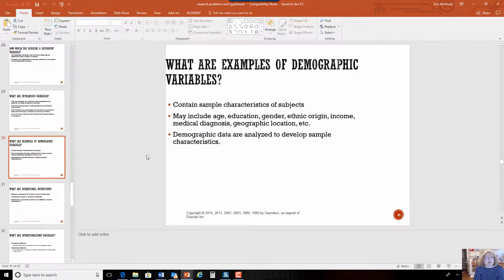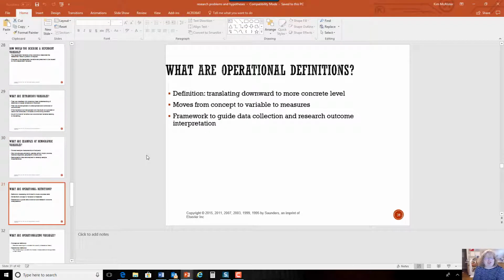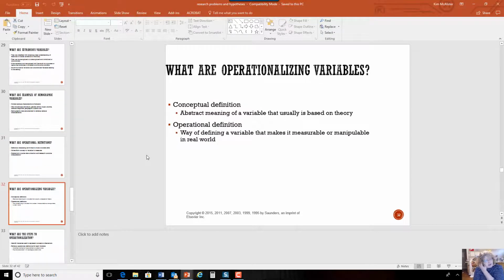So operational definitions. These are definitions that you're kind of narrowing down for the purpose of the study. How are we specifically going to collect this? What is the framework? What are our outcomes? We're taking the variable and we're putting it into action so that it's more measurable or manipulative.